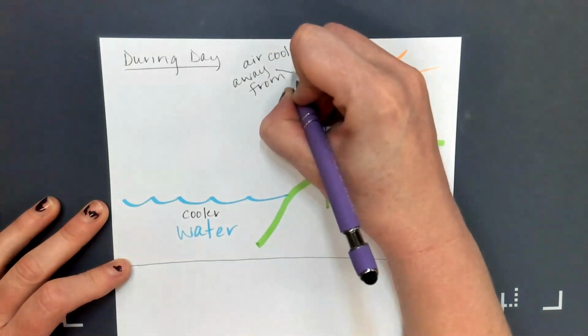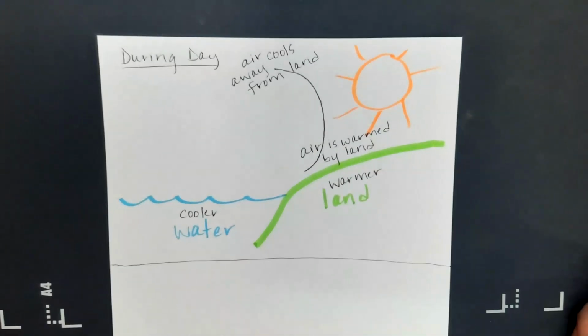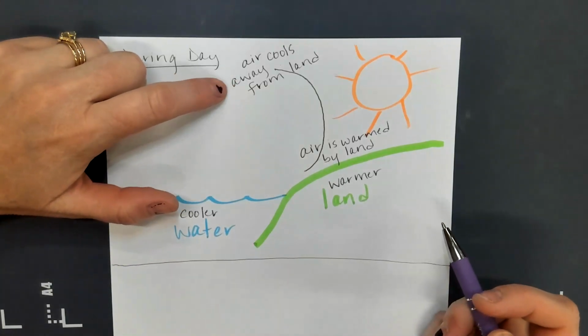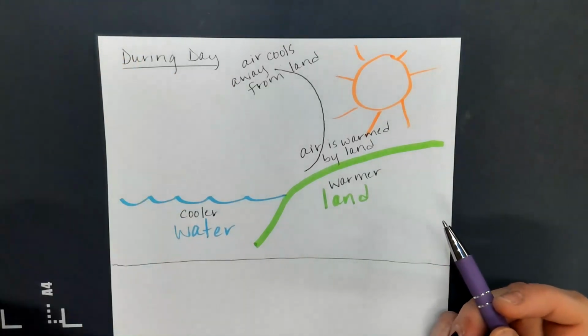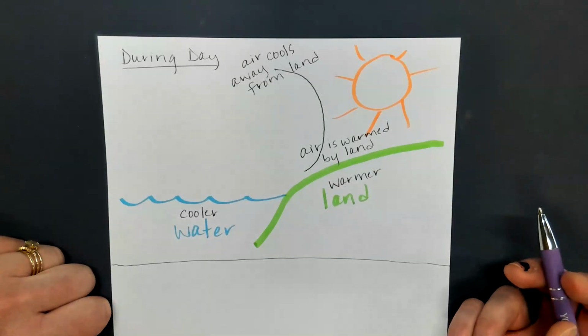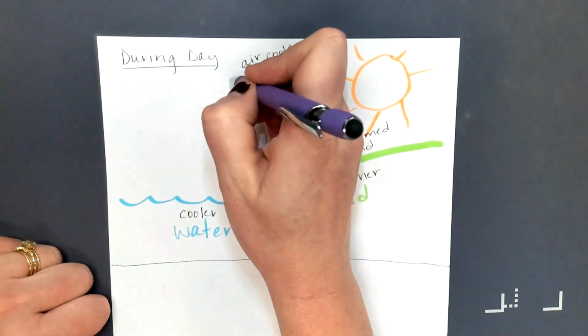We have to understand what happens when matter gets warm and when it gets cold. So what happens to air when it cools? It gets colder, so it gets more dense, so it sinks.